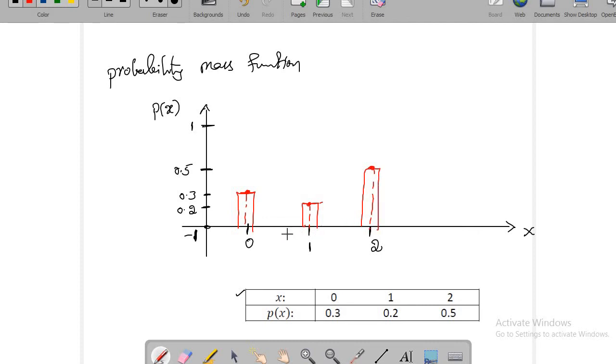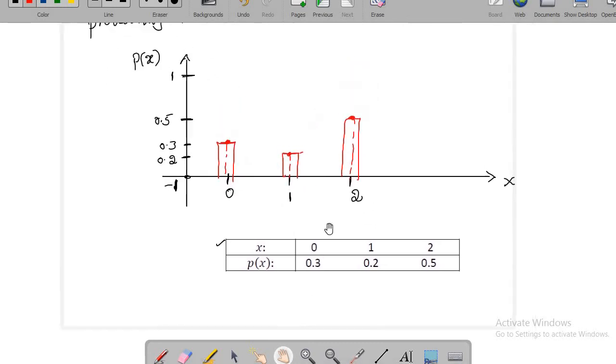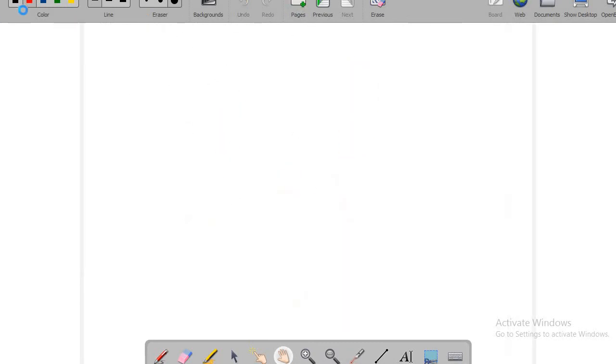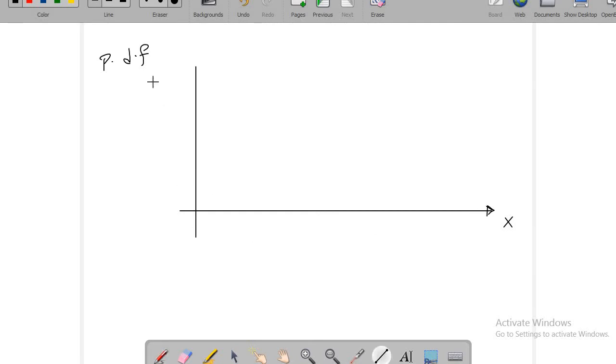So similarly, if you have some other distribution, you can take x values here and probabilities here, and you can plot them. Okay, so when it comes to the probability density function, here we'll take the random variable x, whereas here we take f of x.